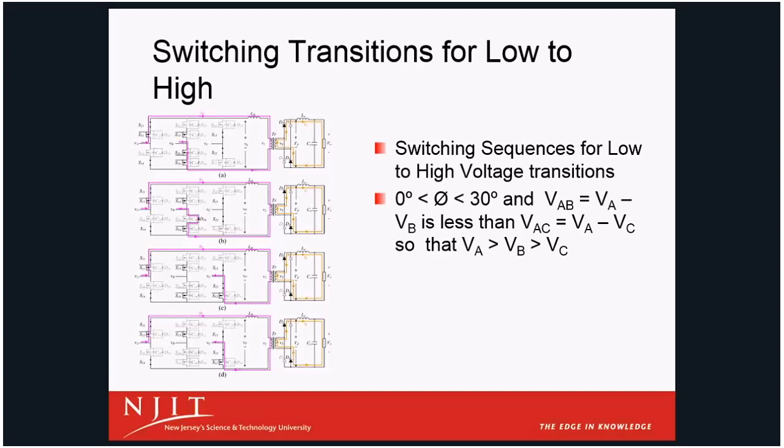So you start with your VAB voltage at the start of the switching sequence, and that is because VAB is less than VAC. So what you'll be doing is switching from VAB to VAC.